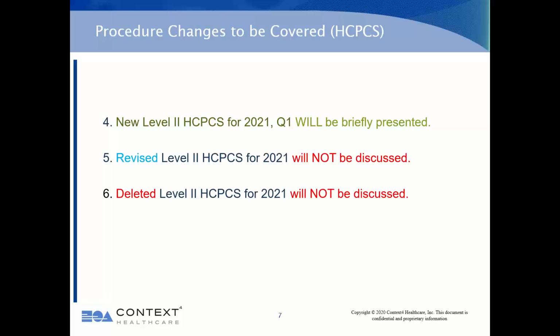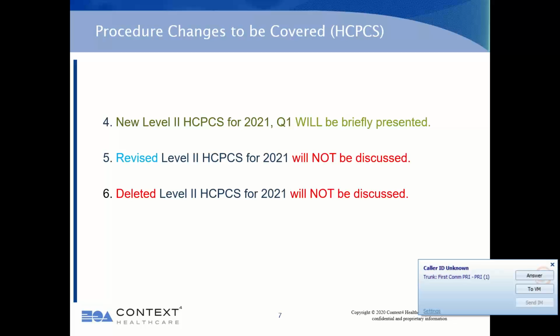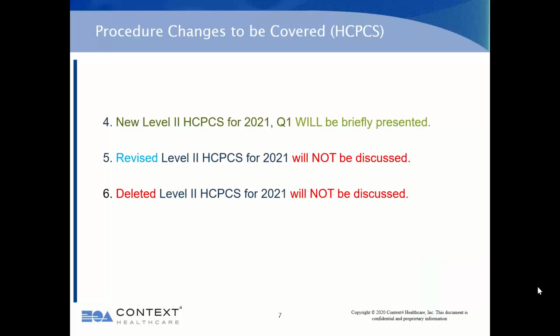I will not discuss 2020 Q4 HCPCS, with the exception of a few COVID-19 based HCPCS codes added in November 2020. I will not discuss revised or deleted HCPCS codes. We don't know yet how payer policies will adjust to some of these new codes. This is especially the case with CMS and new HCPCS codes. As of note, I will mention some potential FWA and general edit themes as I go through these changes.